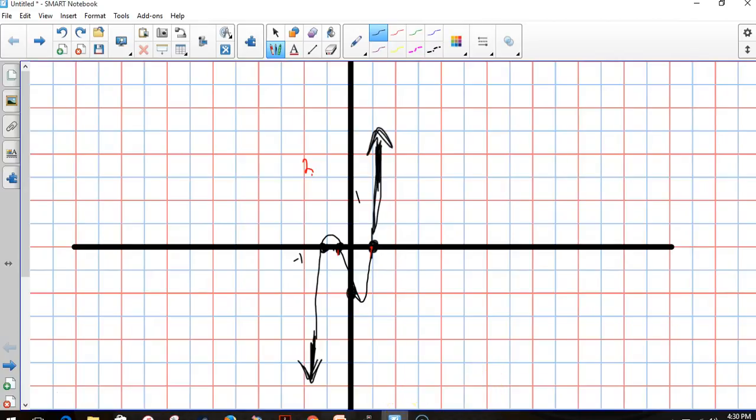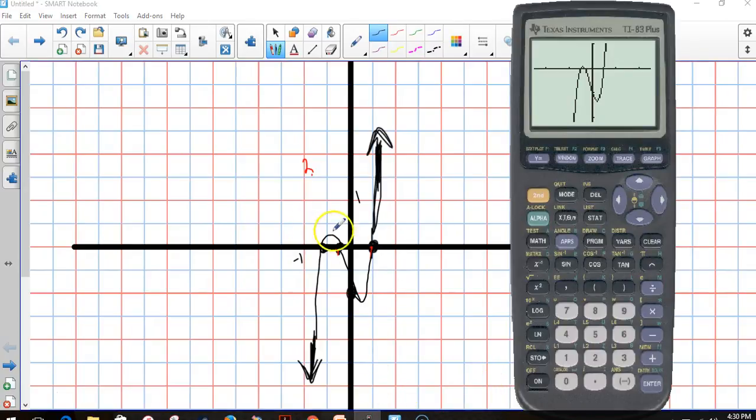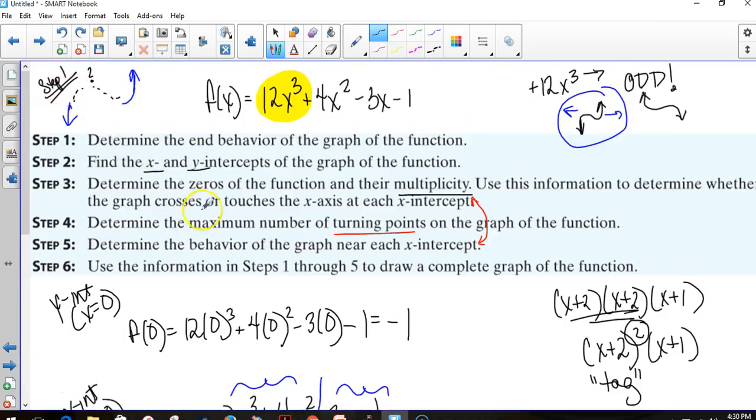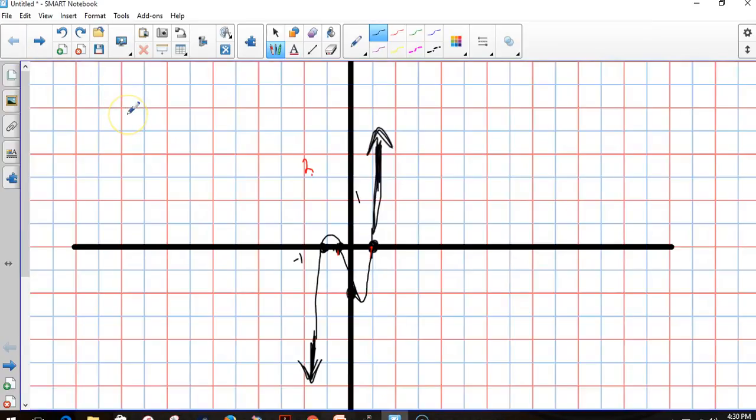And so with the help of my graphing calculator to find maxes and mins, and the help of my steps from 4.1 to find what my behavior would look like and what the multiplicities are, I can get a good idea of what my graph will look like before I even plug it in.